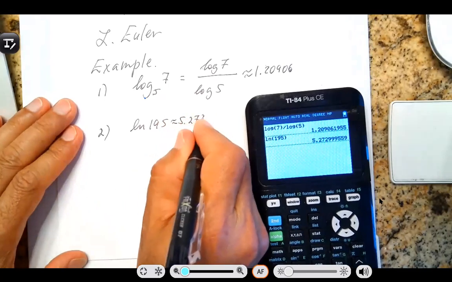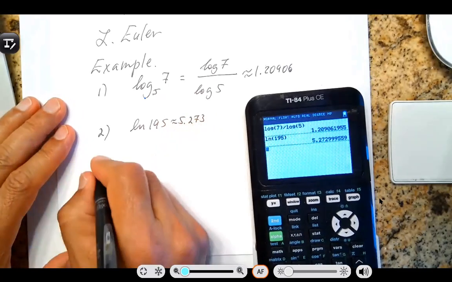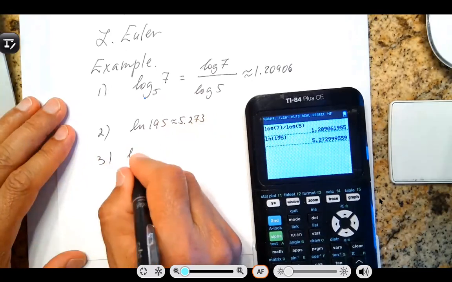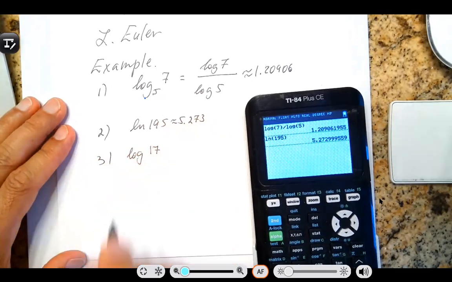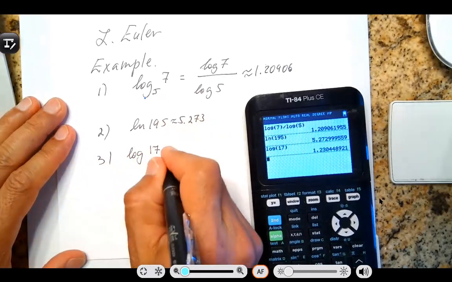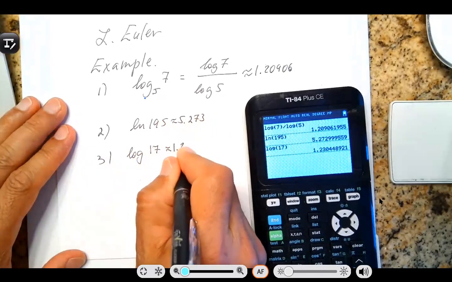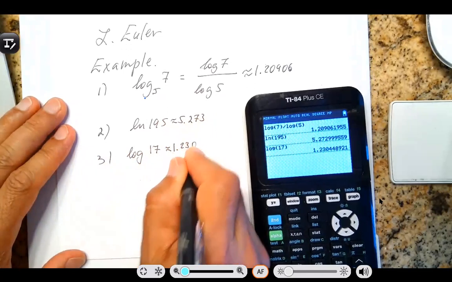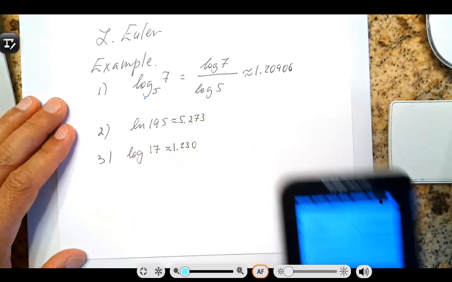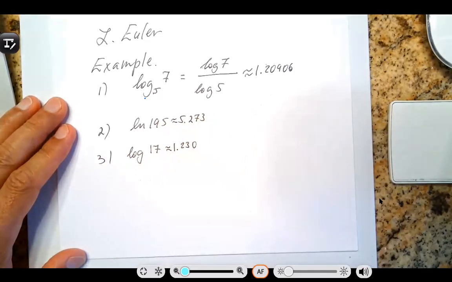I'm going to round. Let's get logarithm 17. Logarithm 17 is 1.230. So you can get those using your calculator.